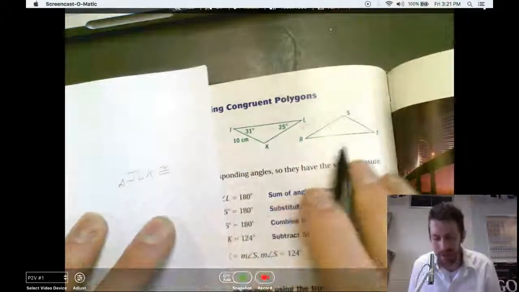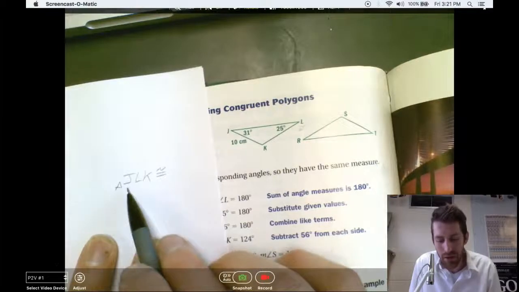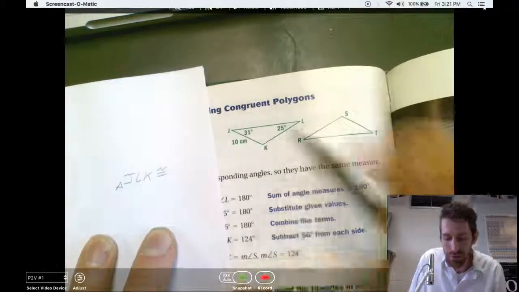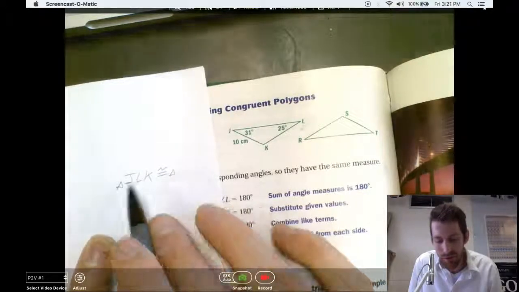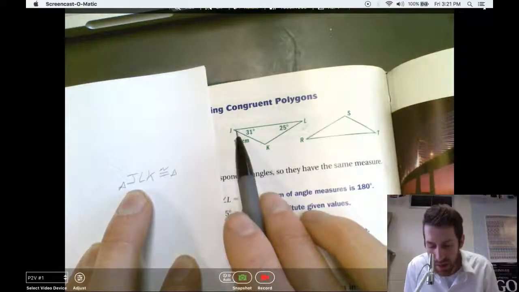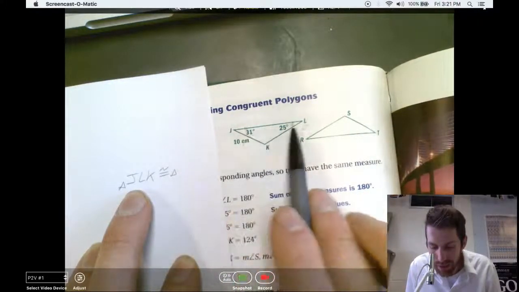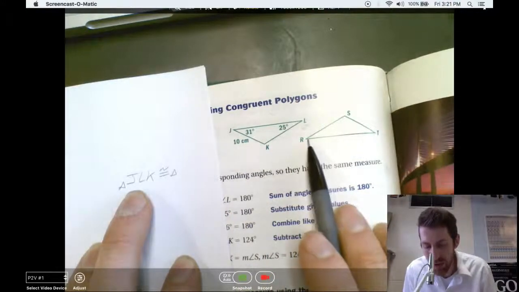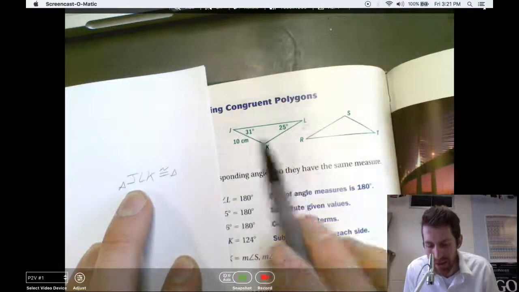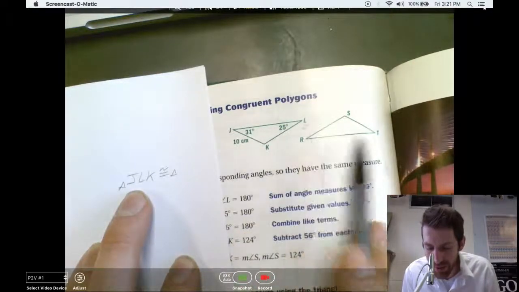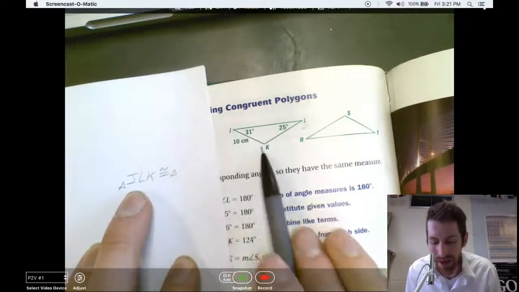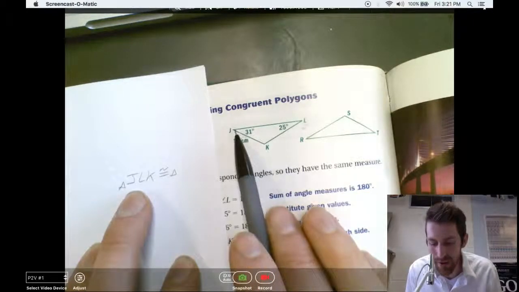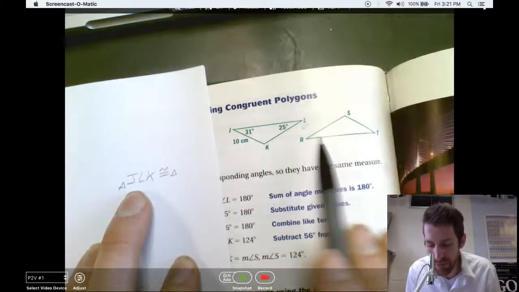But now when we say the second one, triangle JLK is congruent to triangle, we better get the corresponding vertices in the right order here. So does J, it's part of this big long segment, so it's either going to correspond with R or T, right? Is J going to correspond with R or T? Well, look, JK looks like the shortest side on this. So longest and shortest.